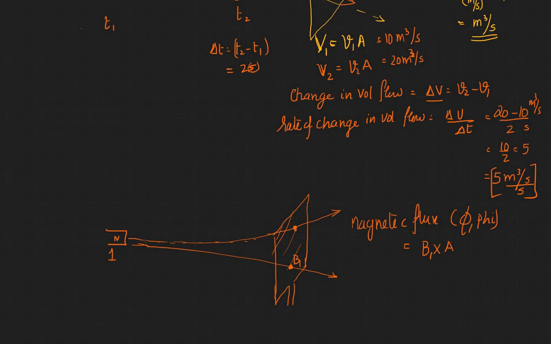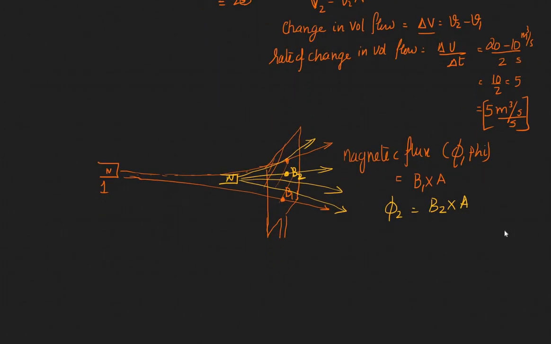And as you bring this magnet close, you will observe that the flux is increasing because the magnetic field strength increases. So your phi 2 will be equal to B2 into A, where B2 would be the magnetic field strength at this point. So that's your flux.